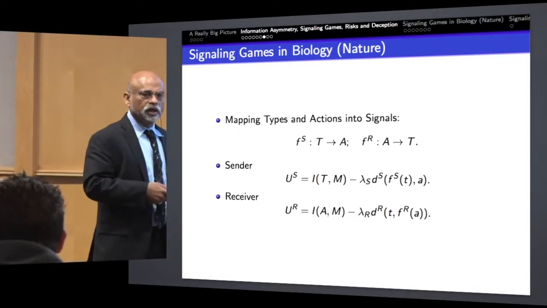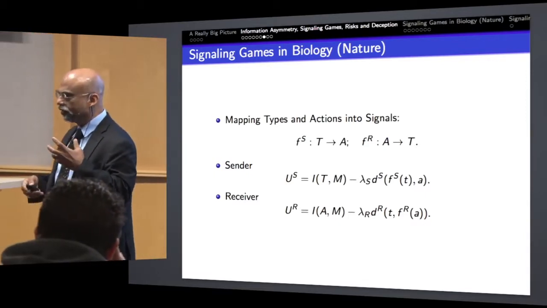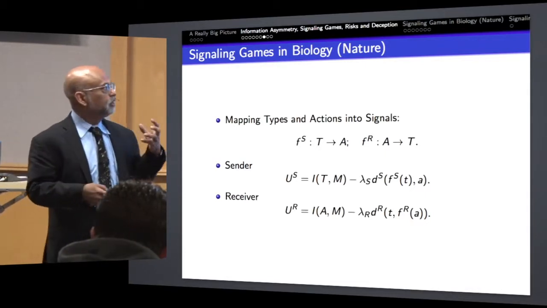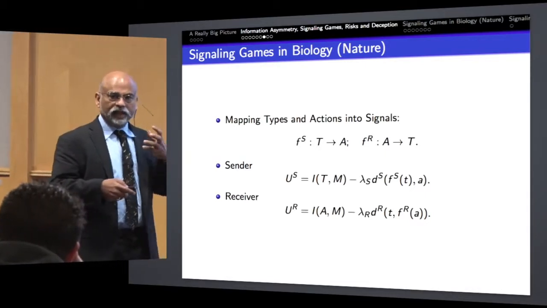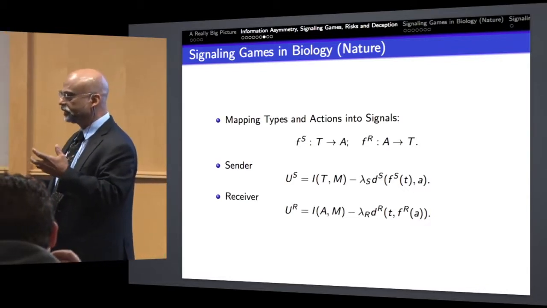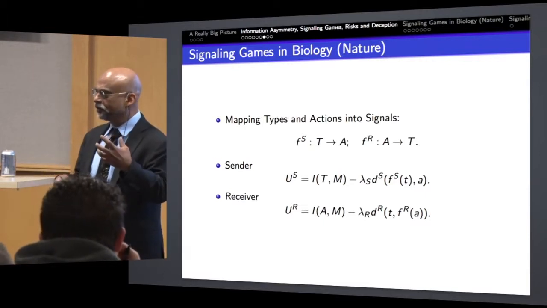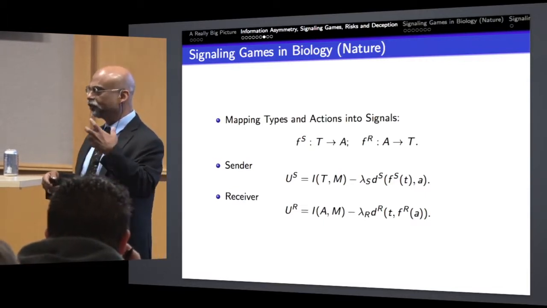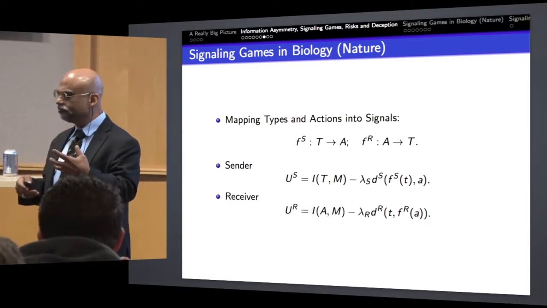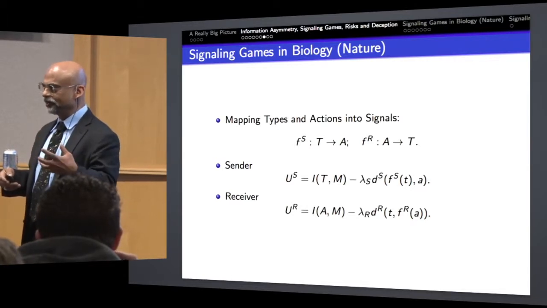Now, there may be some kinds of hidden utility functions that we are trying to achieve. So the sender, when he has a type T, wants a receiver who does an action that matches his type. So I want to join a university as a professor where the students have a certain type. The students, on the other hand, have a particular goal. They may want professors that have a certain type.